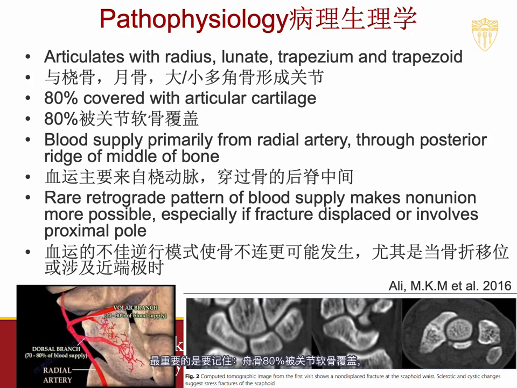So the big thing to keep in mind is that there is a good amount of cartilage, around 80%. Articular cartilage covers 80% of the bone itself. But the primary blood supply is coming from the radial artery through the posterior ridge of the middle of the bone. So you can see there's a picture here on the left that shows the radial artery and how the artery has 2 different branches that send blood flow to the scaphoid.